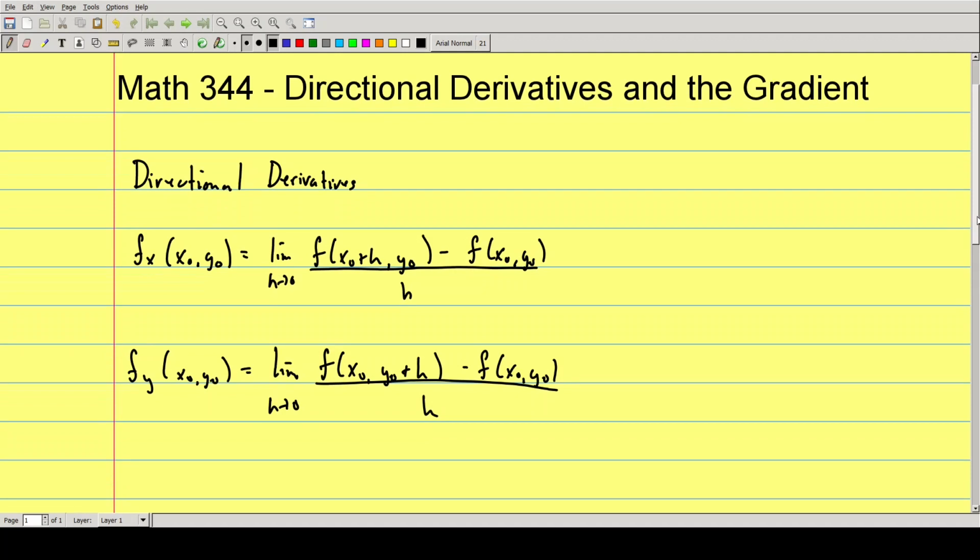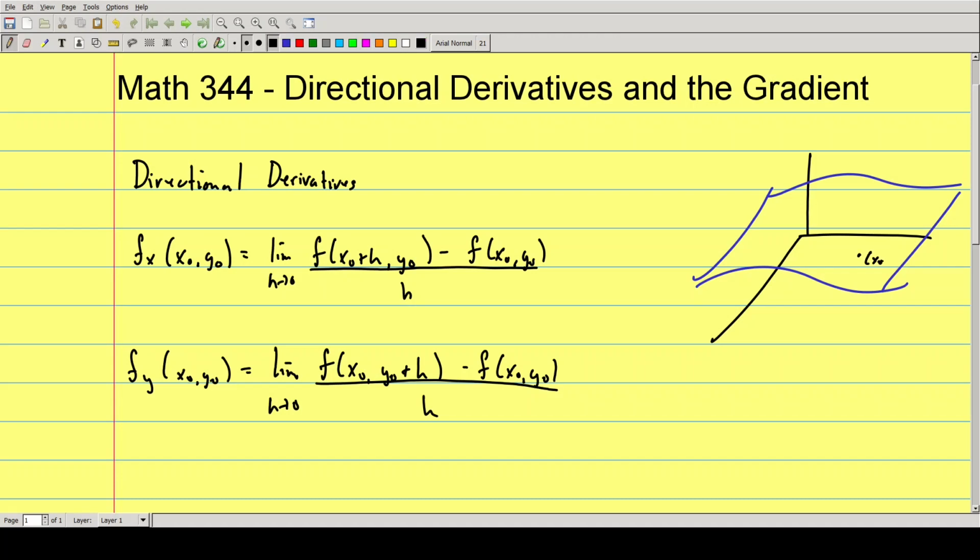So as we've discussed, if we have our coordinate plane here, and we have some surface that lies on our coordinate plane, if I'm differentiating at some point x naught, y naught, the way that this works is if I'm taking the derivative with respect to the x direction, I come up with a cutting plane here that slices through, that's parallel to the yz plane.